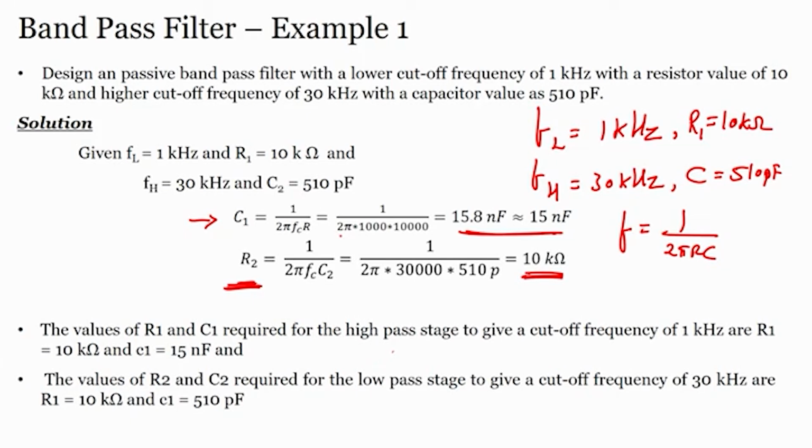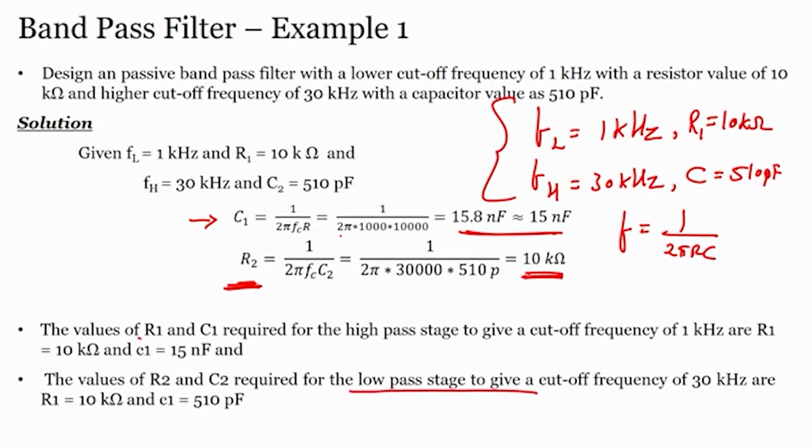So, from here what we find is that we can measure the value of R1 and the value of C1, and the values of R2 and C2 required for the low pass stage.